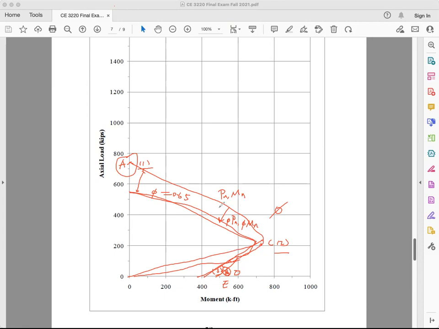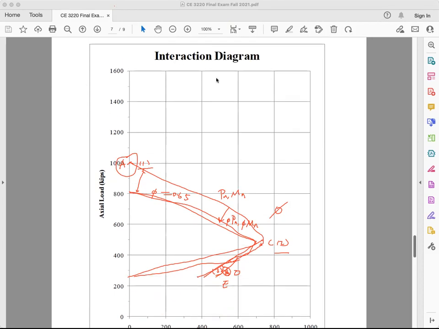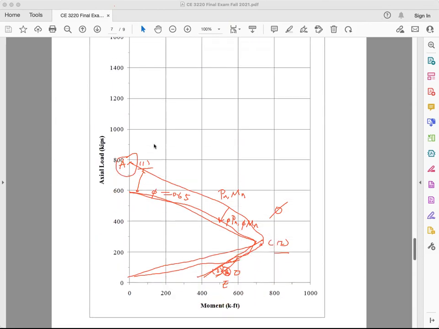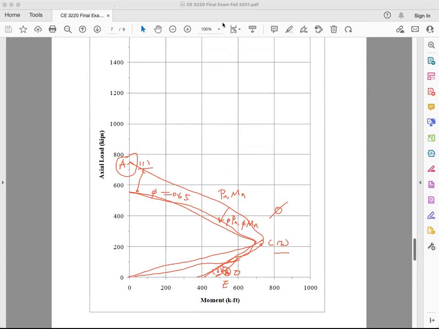All right. Now, once you have this, it reads out to say that if Pu is 400 kips, Pu given, let me just scroll up to show you, right? Pu is 400 and Mu is 200. So corresponding to my curve, Pu is 400 right here, somewhere, and Mu is 200.